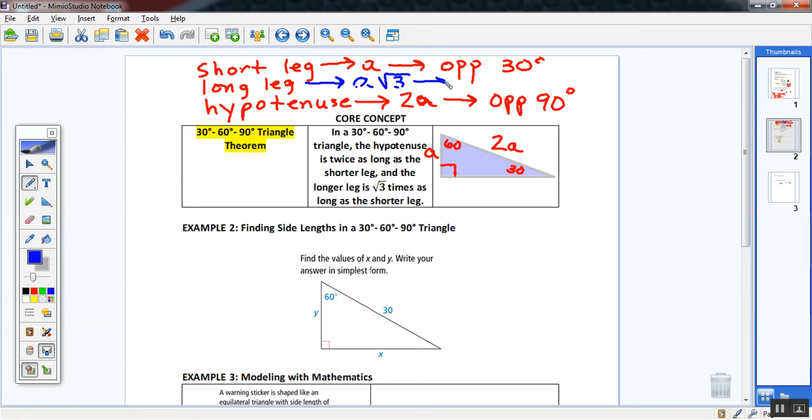And this is opposite of what angle, kids? Opposite of what? 60. I want to show you something. I'm going to write the notes up here. I'll show you how they get this. Make sure you have that down. Let me give you an example here, and then we'll look at some examples together.